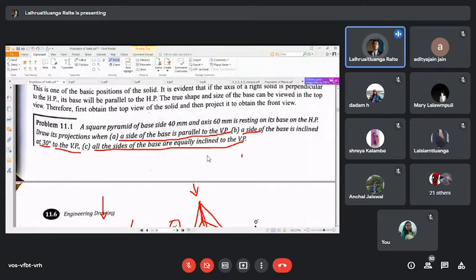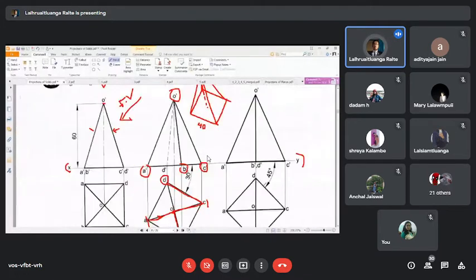Because as the angles of a square are 90 degree, for them to be equally inclined to the vertical plane, it must be 45 degree. Because when it is 45 degree, the internal angle makes 45, internal angle makes 45, and here we have the internal of the square measuring 90 degree. So it adds up as 180 degree.